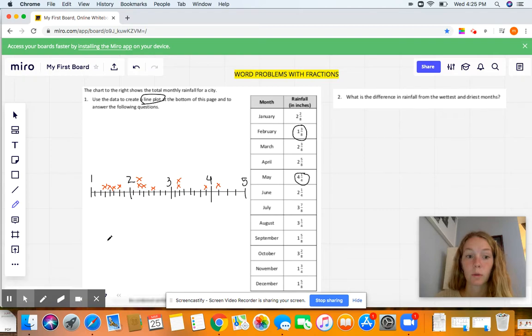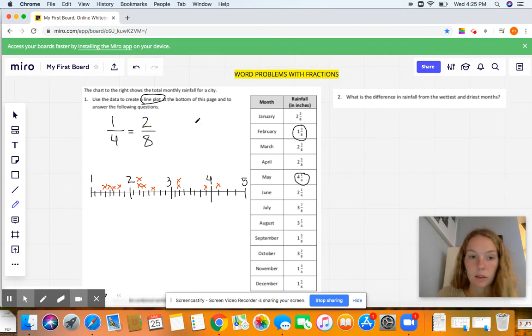Okay, so now I've finished plotting all of my points. You may have noticed, if you were doing it with me, that some of these are cut into fourths and some of them are cut into eighths, which made my job a little bit trickier. But I also know how to make those equivalent fractions, right? So 1/4 I know is equal to 2/8.